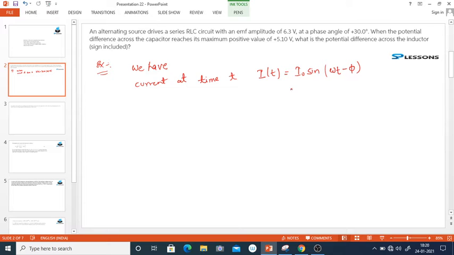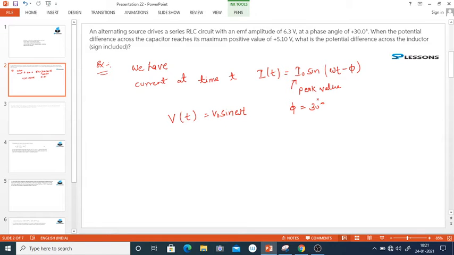Here I naught is the peak value. Okay, dear students, and the voltage V as a function of t, we can write V naught sine omega t. Okay, according to the given question, the phi is 30 degree, right?